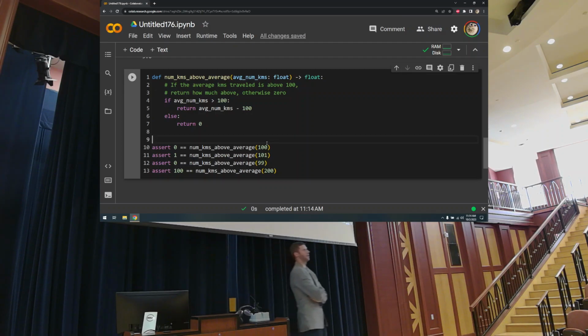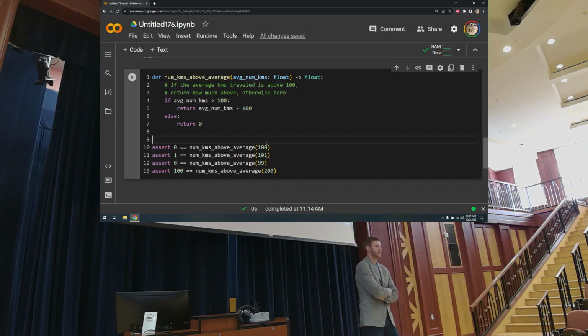This may have sounded complex, but now, if I know what my average kilometers a day I drove is, it's really easy for me to tell you how many above 100 I drove. If the average number of kilometers is above 100, just tell me how much more than 100 it is. Return the number above 100, the average number of kilometers minus 100.